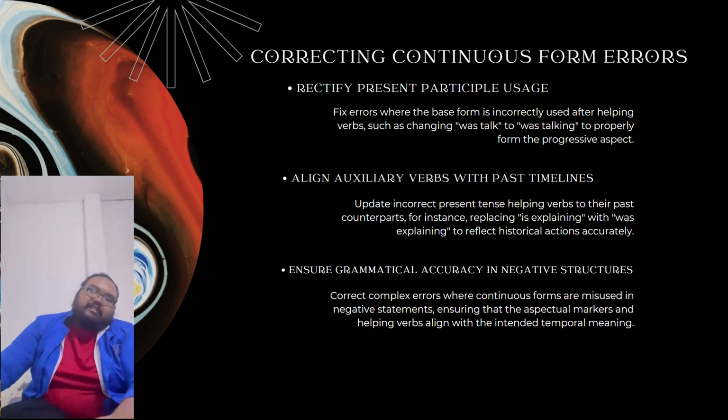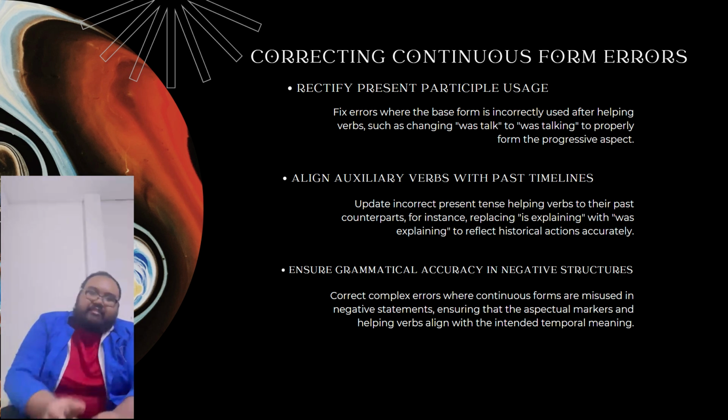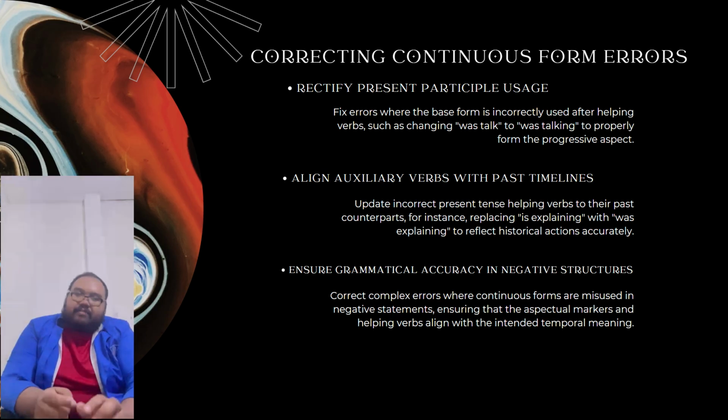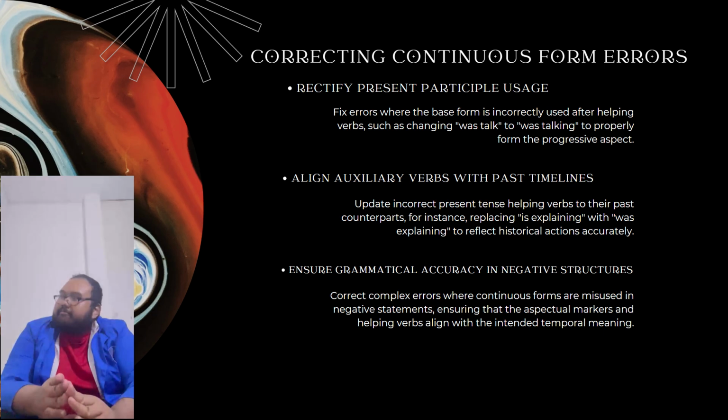Now, correcting continuous form errors. Actively rectify present participle usage. Fix errors where the base form is incorrectly used after helping verbs, such as changing was talk to was talking, to properly form the progressive aspect.